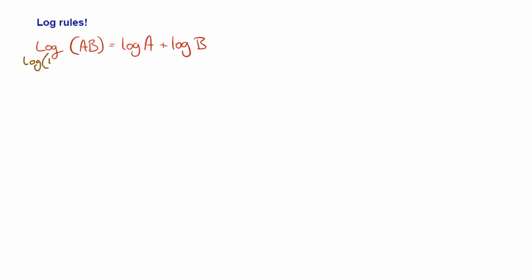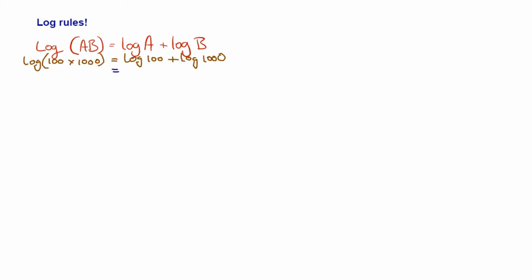Let's say A was 100 and B was 1,000. Then what this suggests is that the log of 100 times 1,000 should be equal to the log of 100 plus the log of 1,000. So is that true? Well, let's evaluate both sides and see if they are equal.